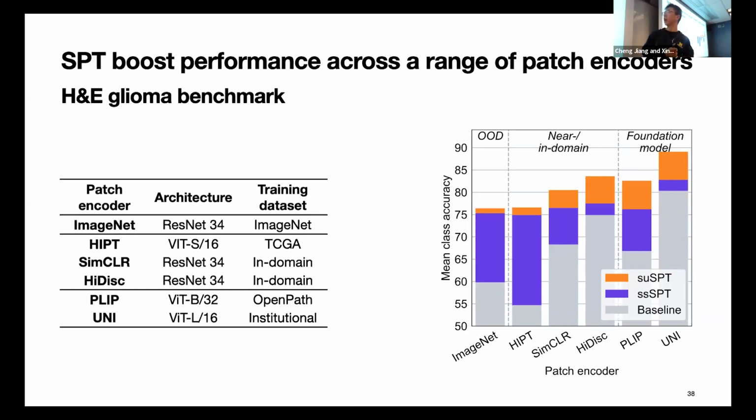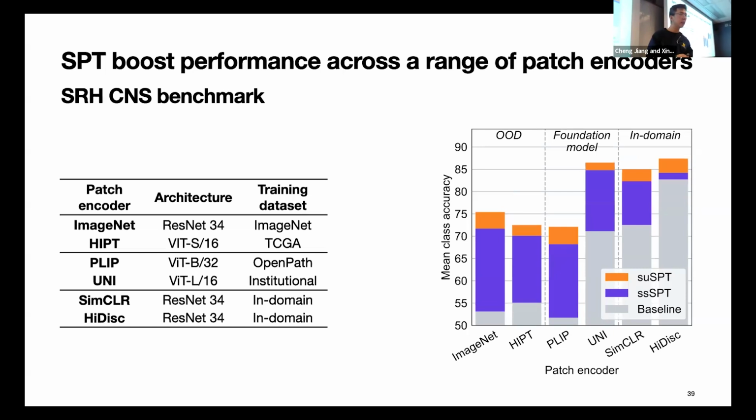And we can say the baselines here, as a pooling method, are truly showing roughly increasing performance as you have stronger and stronger patch encoders, and SSPT and SUSPT can basically diminish the difference between your different patch encoders and leverage them to the same level. And if you're using SUSPT, you can further increase the performance.